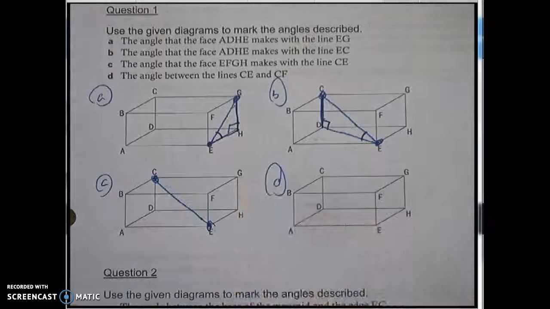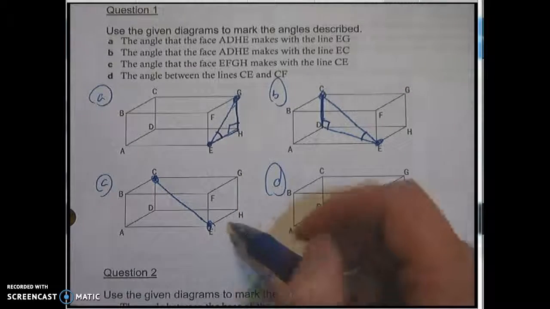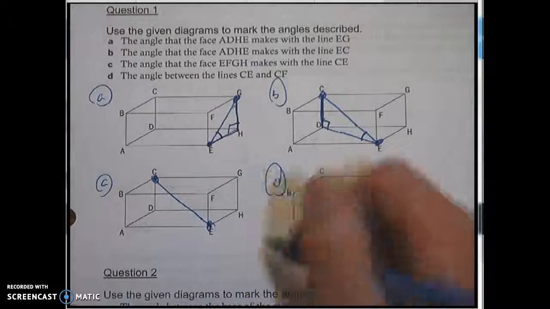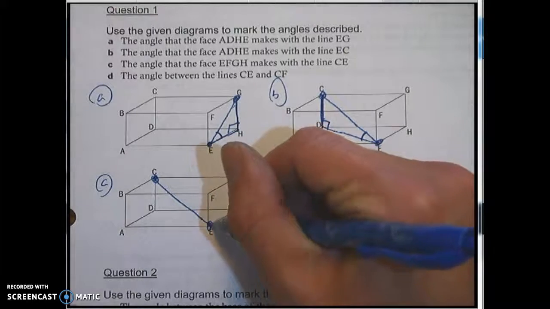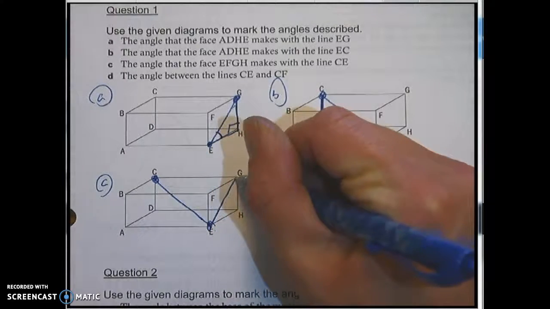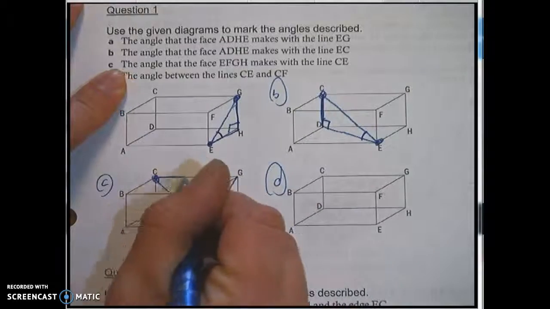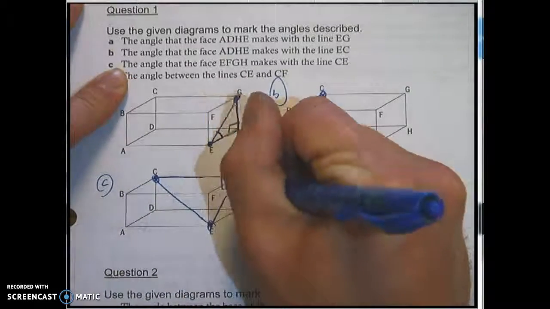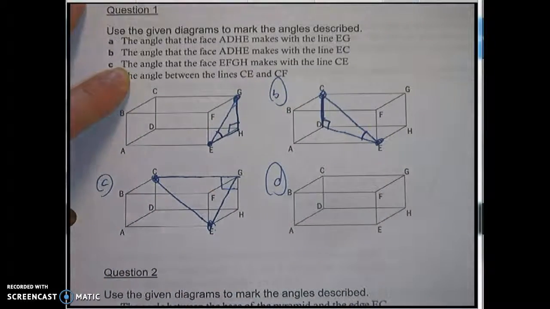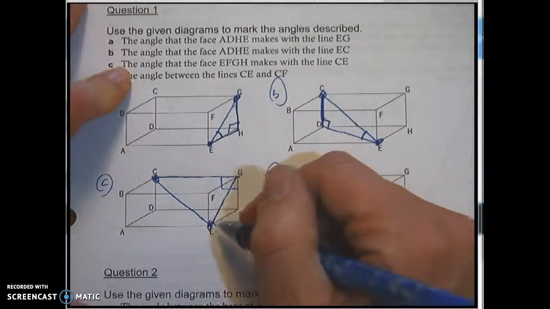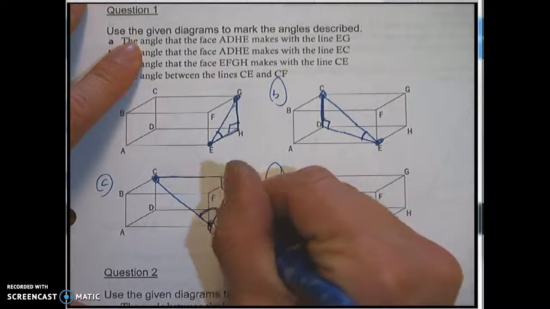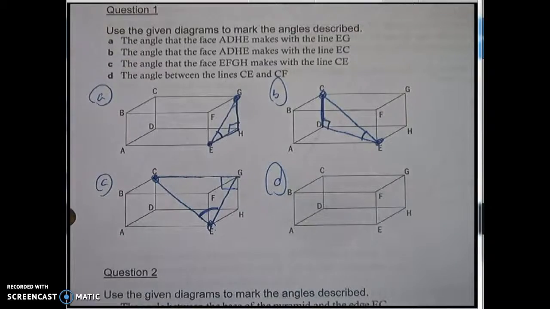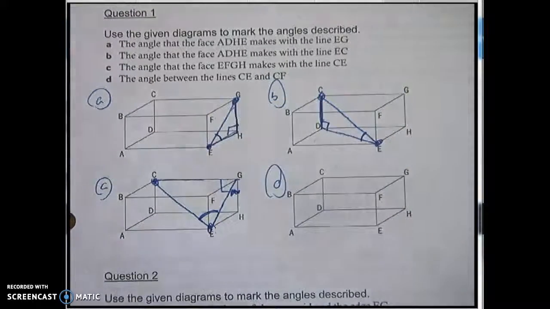This is a little bit harder to see, but since I'm talking about this side EFGH, the perpendicular I want to create is actually from right here, E to G. It's hard to see, but this is actually a right triangle, and the angle that I want is right here. That was a tougher one. Sorry, I kind of extended that. That should be the right triangle right there.